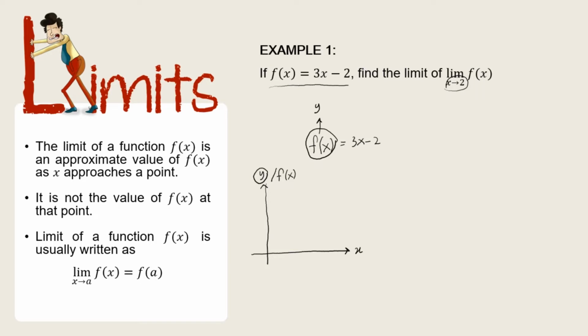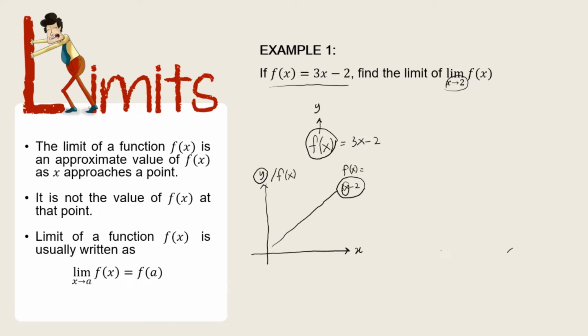Let's say we have one linear line on the graph, presented by the function 3x minus 2. So this one is called a function of x, which means that if we want to find the value of y at a certain value of x, we need to substitute the value of x here.